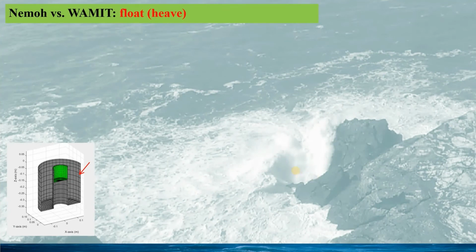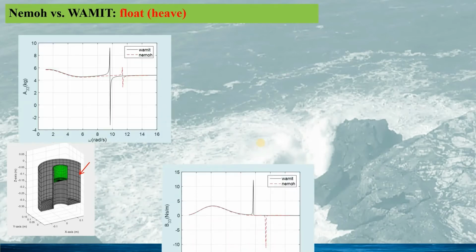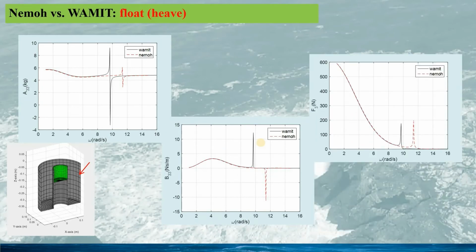For the hydrodynamic study, we can calculate the hydrodynamic parameters for the float: the added mass, the damping coefficient, and the wave excitation. Here we can see WAMIT and Nemoh give some different results. In particular, the spikes happen at different frequencies. Otherwise, they are close enough.